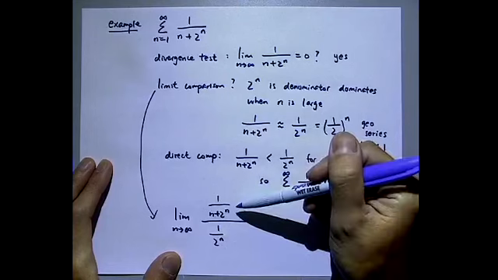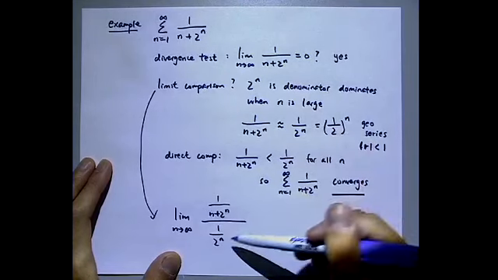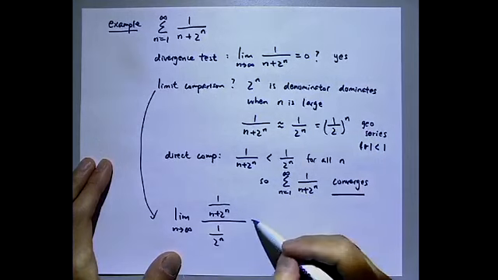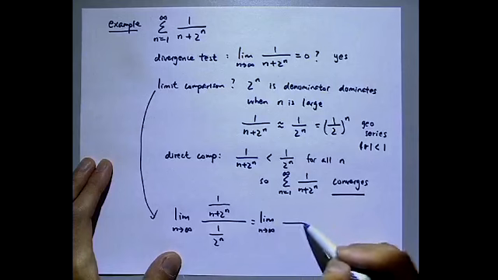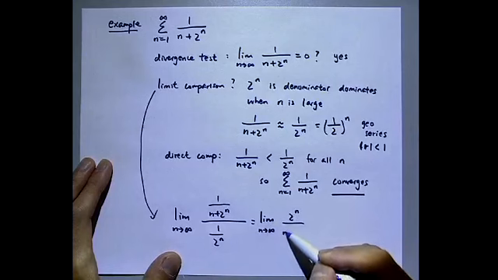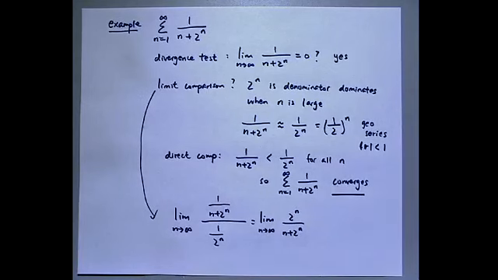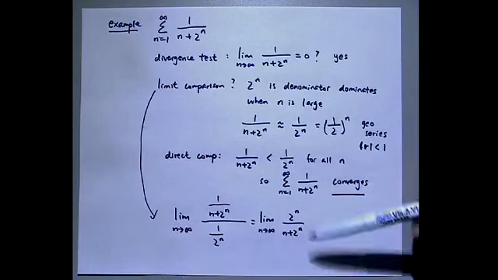So this is the one we don't know much about. This one is the one we know very much about. And we have to deal with this limit here.